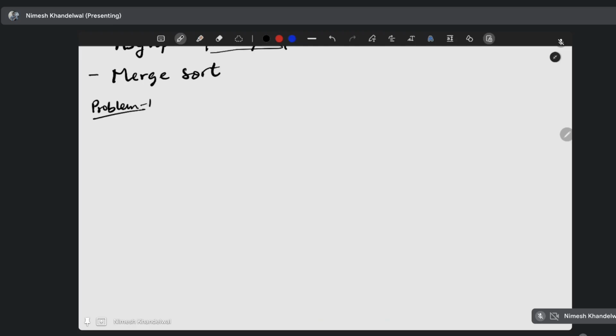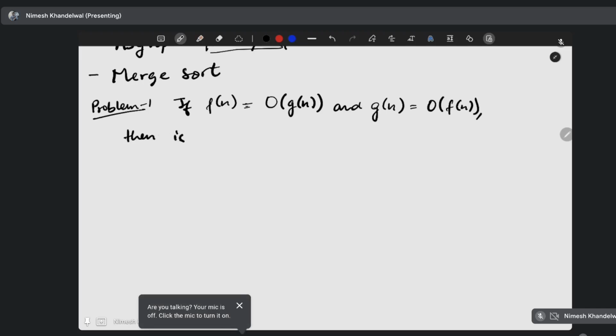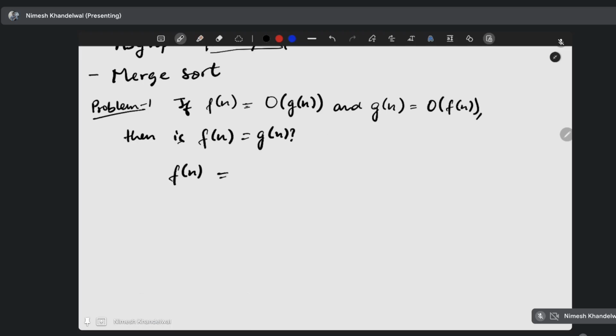So the first problem is, if f of n is of the order of g of n, and g of n is of the order of f of n, so the function is equal to the order of the other, then is f of n equal to g of n?